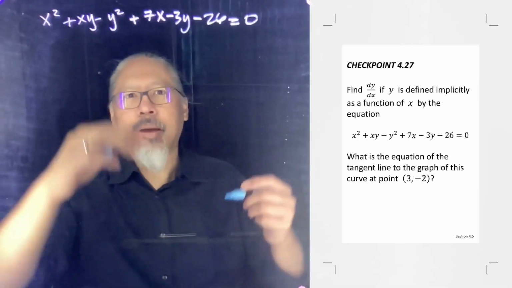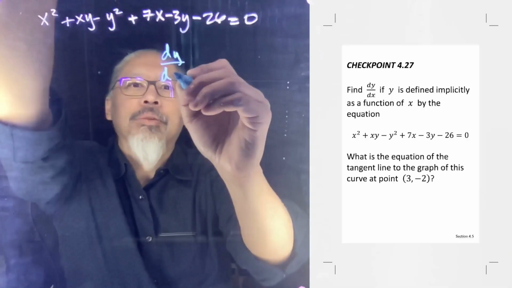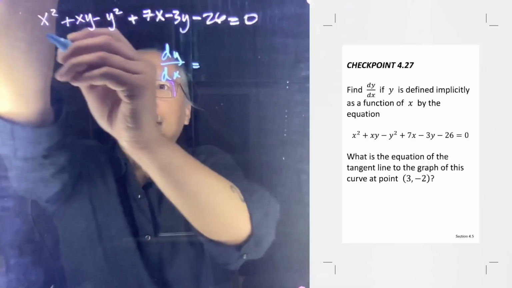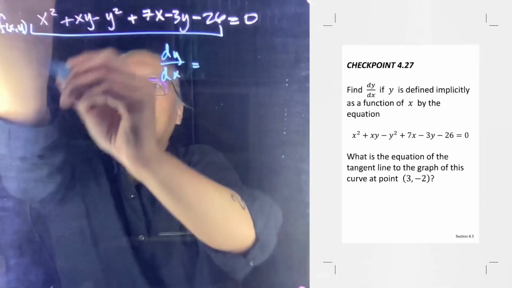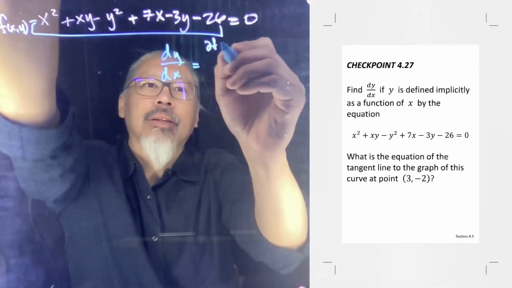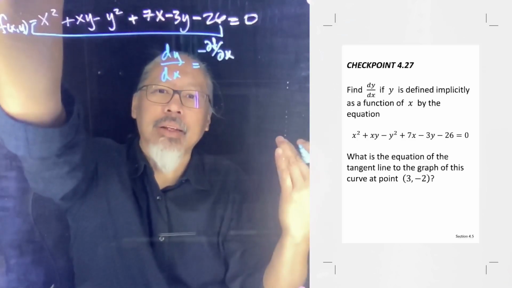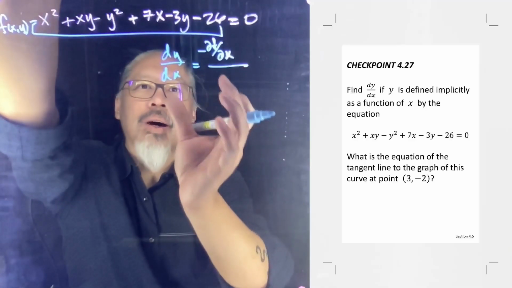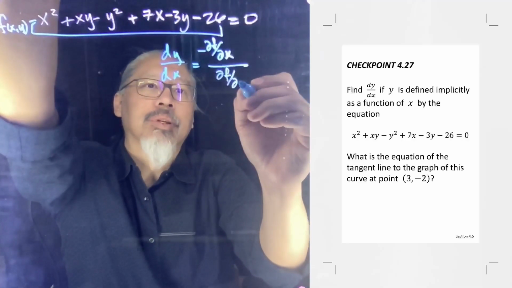So if you can try to remember that process, you can summarize it by saying y prime, or dy/dx, is equal to all those derivatives that we took. If we consider this whole thing as a function of x and y, then all those derivatives that we took with respect to x, we brought over to the other side, so there's a negative sign, and then we take the derivative with respect to y and factor out all the y primes, and we would divide by whatever we had as a result.